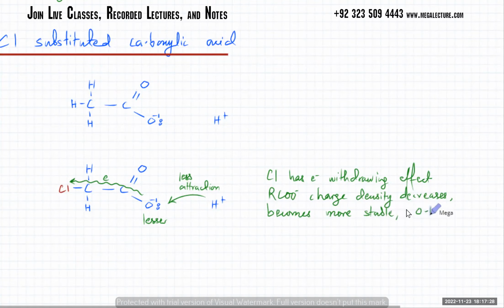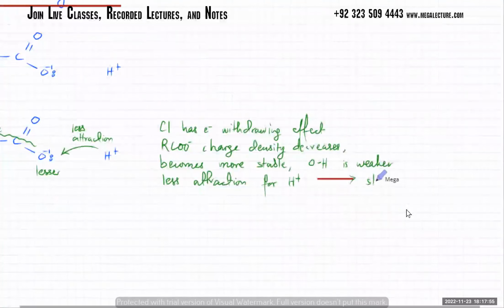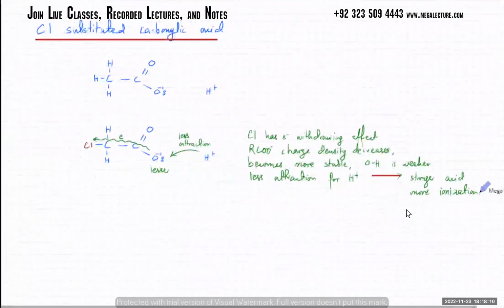The OH bond becomes weaker. And there's going to be less attraction for H+1 ions. So hence, it's going to be a stronger acid. There's going to be more ionization. So you're going to have a relatively stronger acid and it's going to ionize more. So that is it with Cl, okay?